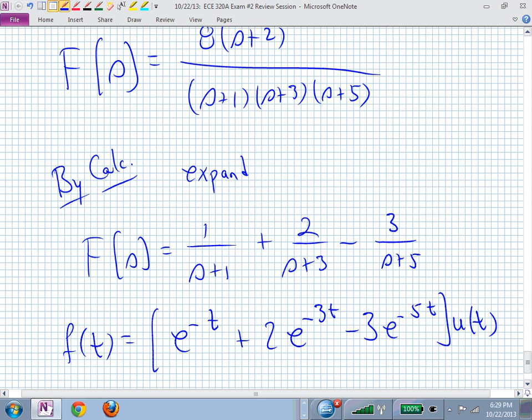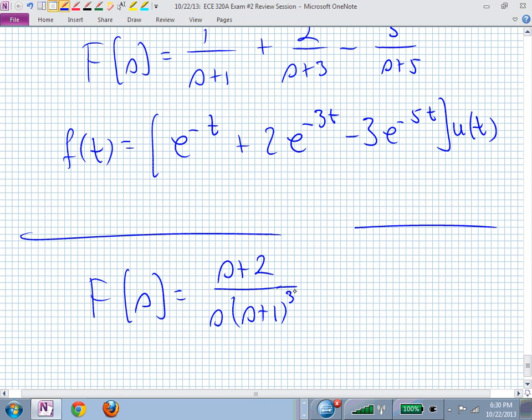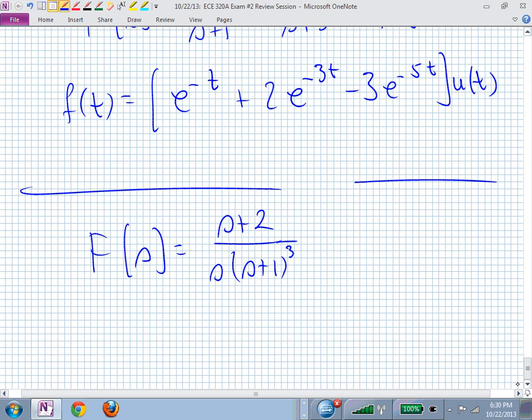Let's look at one maybe that we haven't yet looked at in terms of Laplace inverse Laplace transforming. What if I give you that, and I say find, pardon?